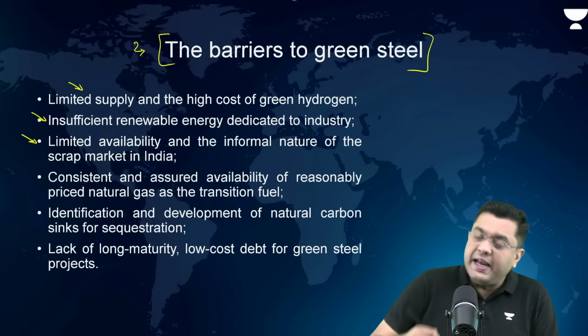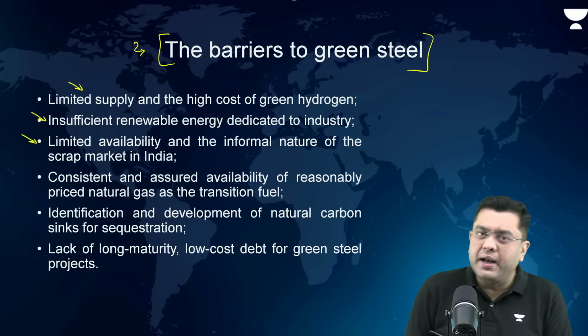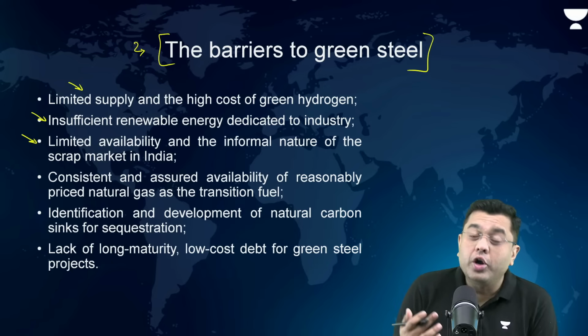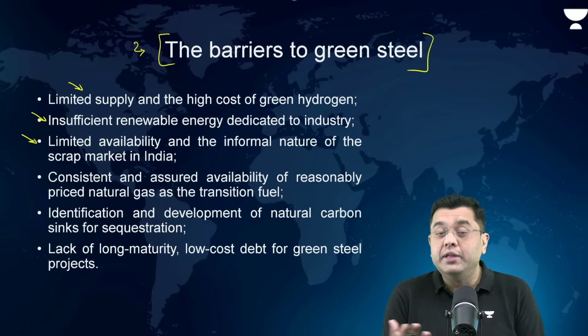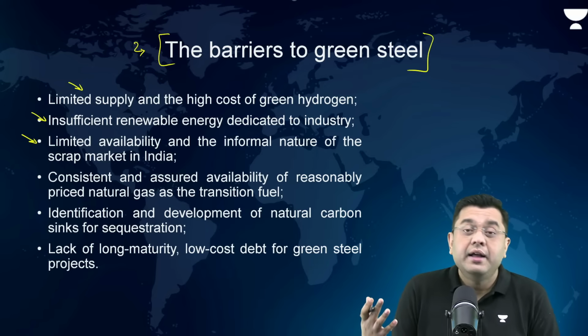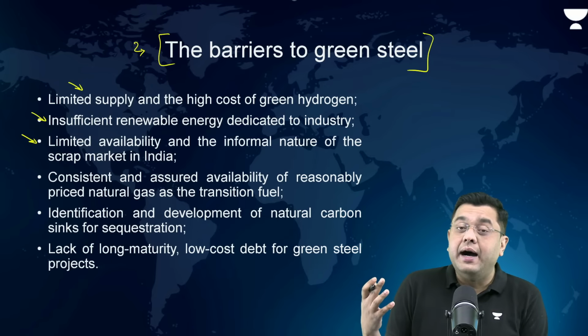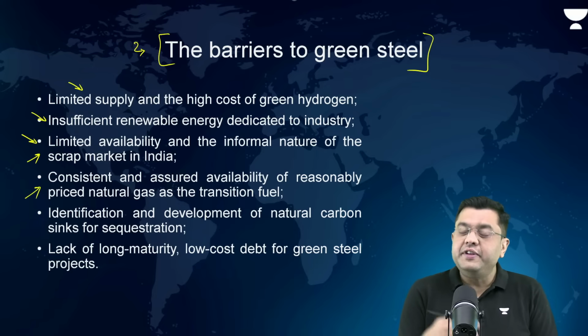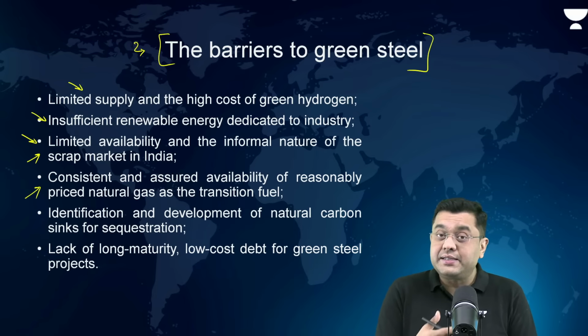So that is another issue. Limited availability and informal nature of the scrap market. We don't have a well organized scrap market where all the steel is present; you still find it dumped into the various dump yards etc. So that needs to be established. Consistent and assured availability of reasonably priced natural gas.